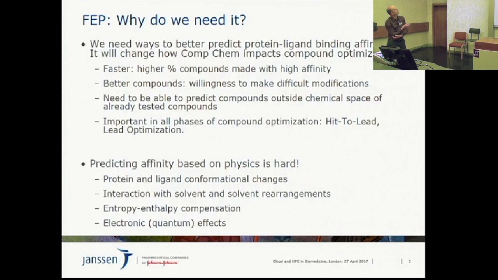But also, if you're more certain about your predictions, there are much more reasons for chemists to actually make something that they don't really like to make because it's more difficult synthetically. And this is usually what we run into. Chemists will usually make the things that they can make relatively easily, and we're not certain enough of our predictions that we can say, no, you should spend 2 months making this compound instead of 2 weeks making that one. And that will be a major difference, I think, if we can get these better predictions.